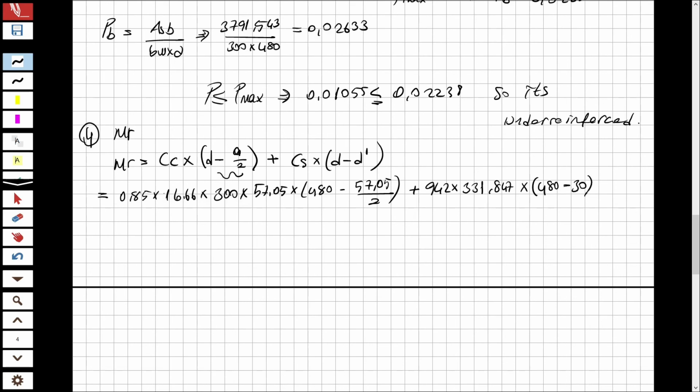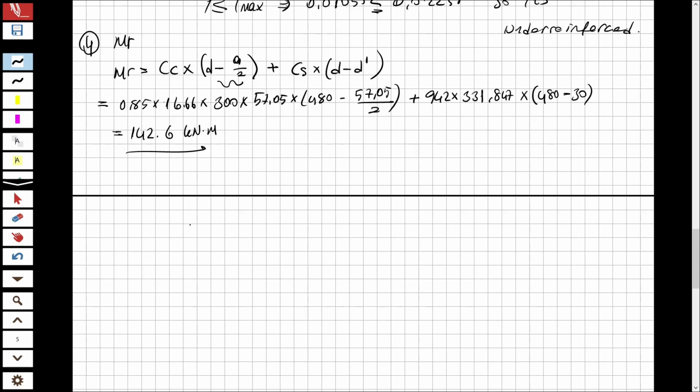And from here, we obtain MR as 142.59. Actually, we can write it as 142.6 kilonewton meter. This is the moment that can be carried by this cross section. You are going to obtain it like that. Now the fourth part is also solved.